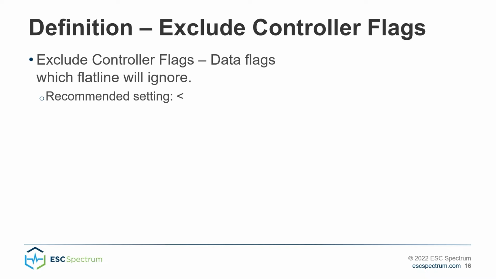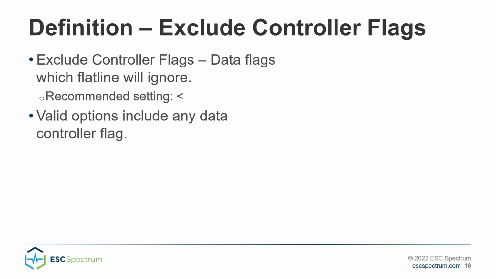marking data as flatlined that you're already getting another alarm for, such as an alarm for if it's in maintenance, or if the entire data period is invalid due to going out of control or running a calibration or linearities or whatever is happening at that time.